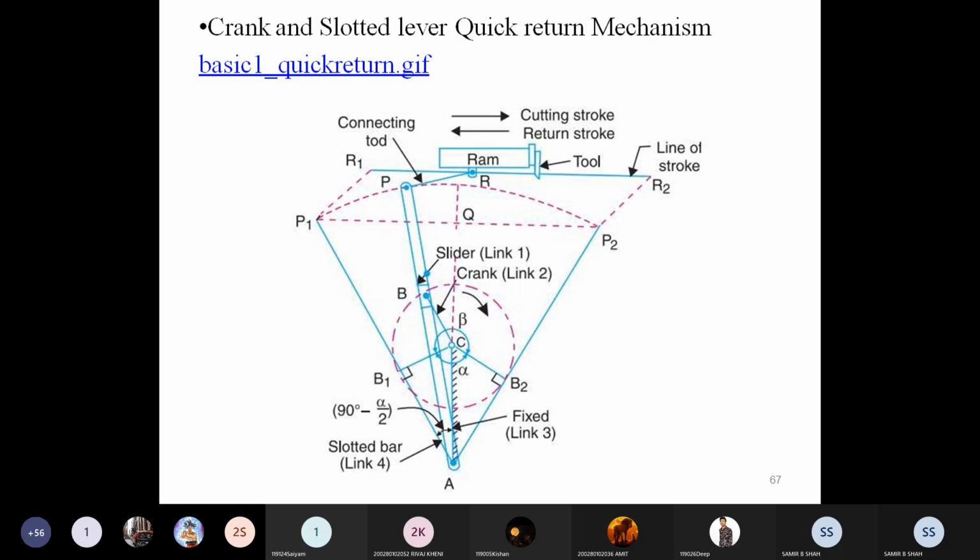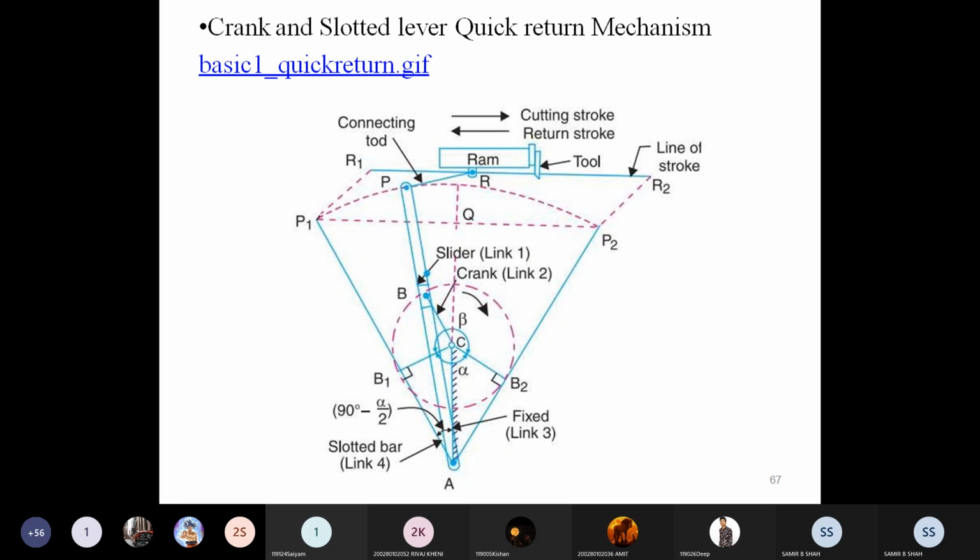As we saw in the previous Whitworth mechanism, it is connected at the end of the driving crank, and it slides along the length of the slotted arm.